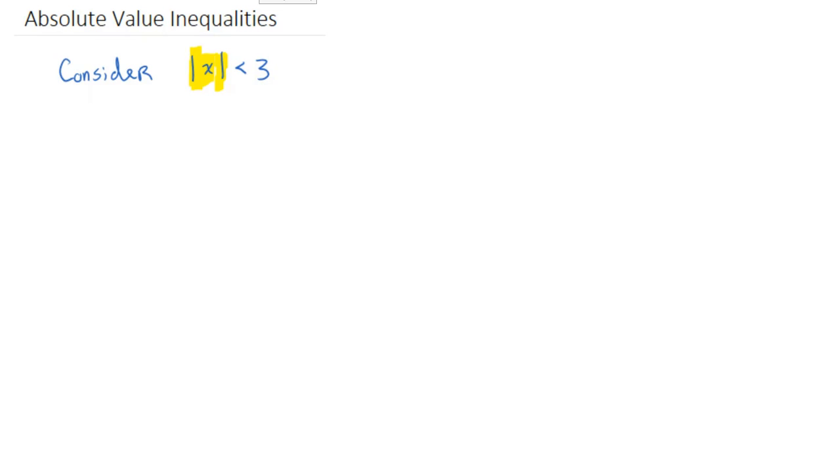So conceptually, we're dealing with all the numbers within a distance of 3 units from 0. That's going to be in the positive and negative case, because those are both a distance of 3 units from 0. From there we could bust out interval notation, but what we want to do is use this very simple case to help guide our thinking on what to do in more complicated cases.